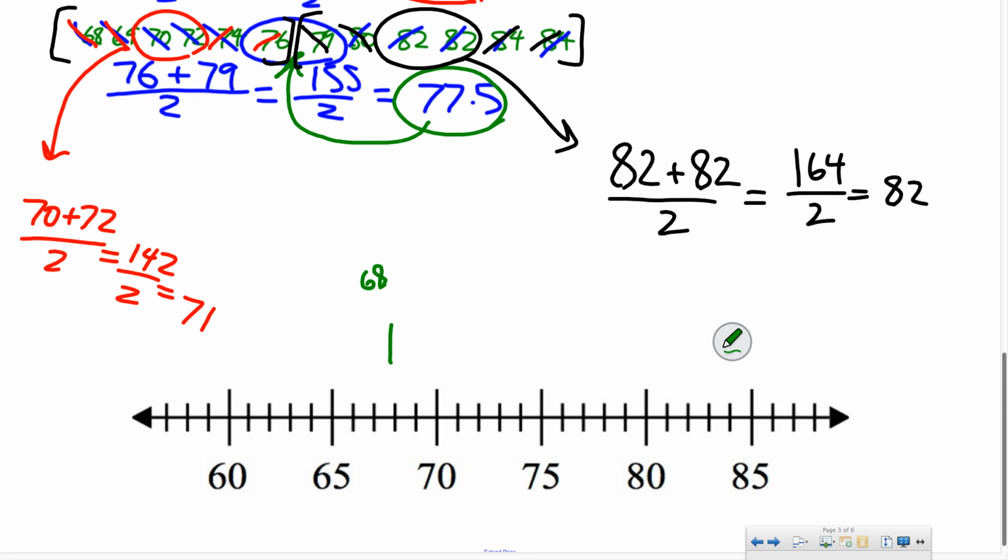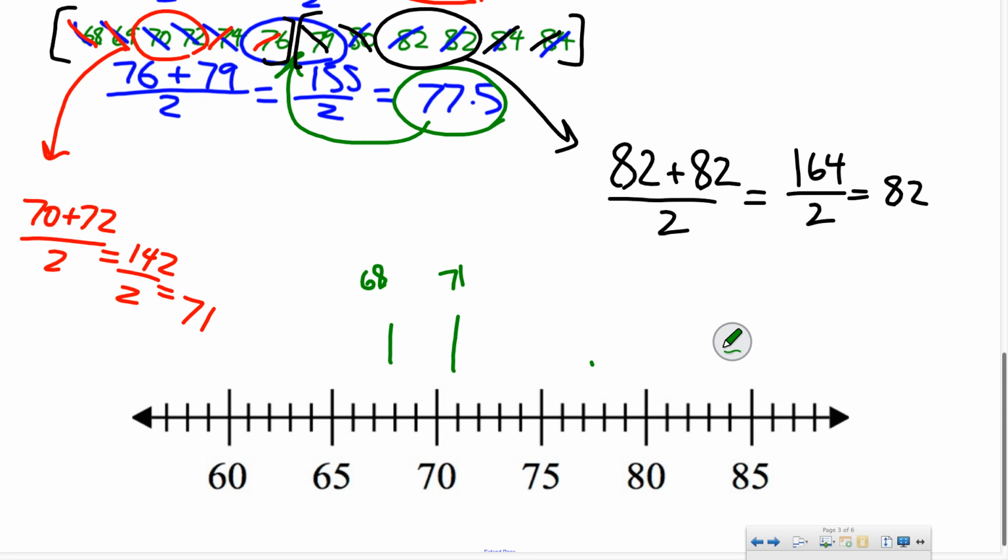The lower quartile is what? Come on, we calculated. What is it? 71. So that's going to be right about here. The middle quartile, median, is what? 77 and a half. 76, 77 and a half.